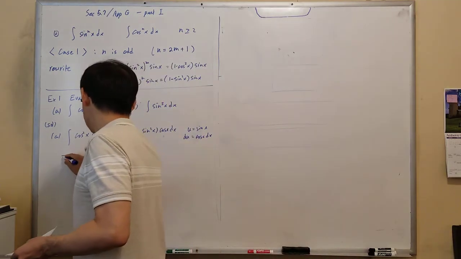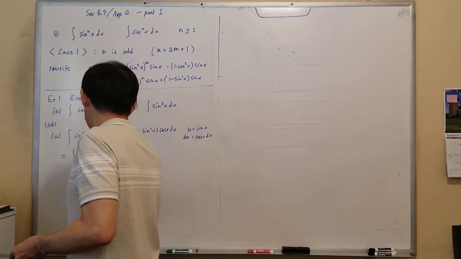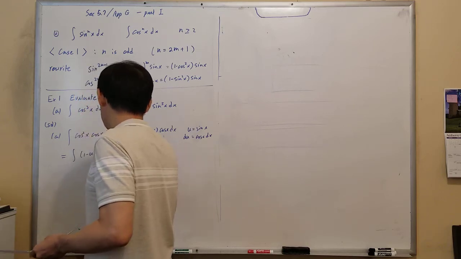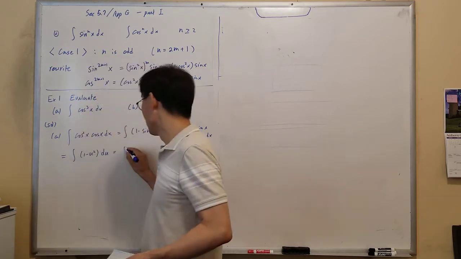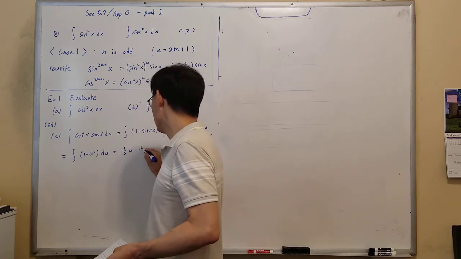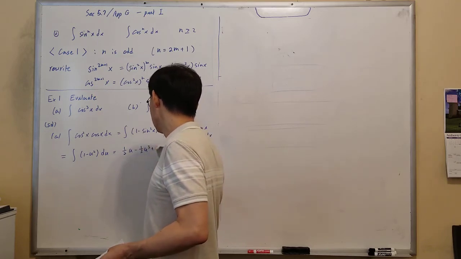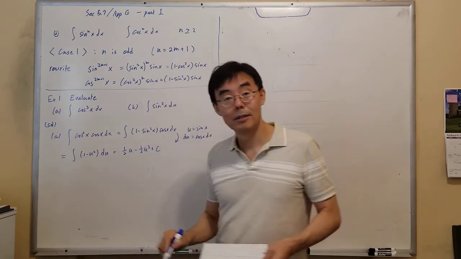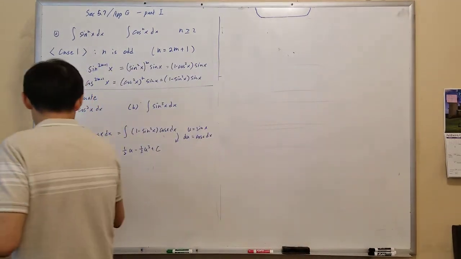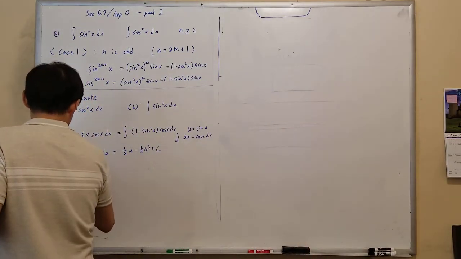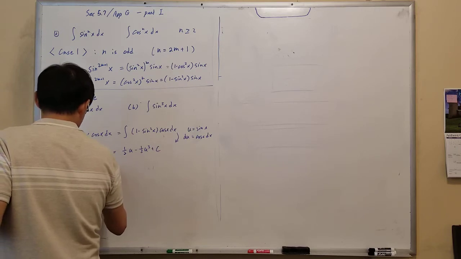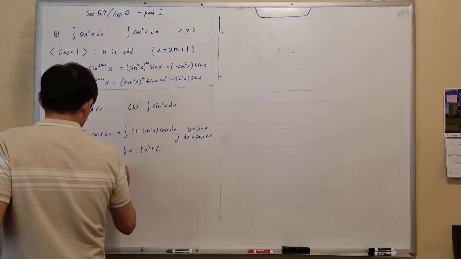So this is going to be 1 minus u squared du. u minus 1/3 u cubed plus c. Back to x, so sine of x minus 1/3 sine cubed x.